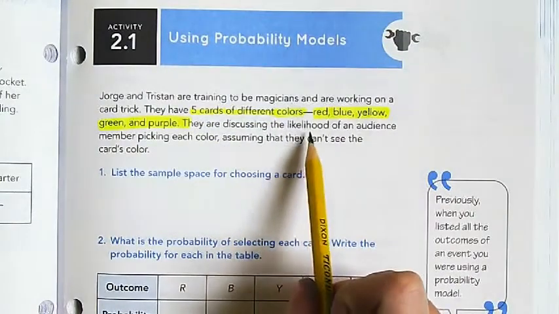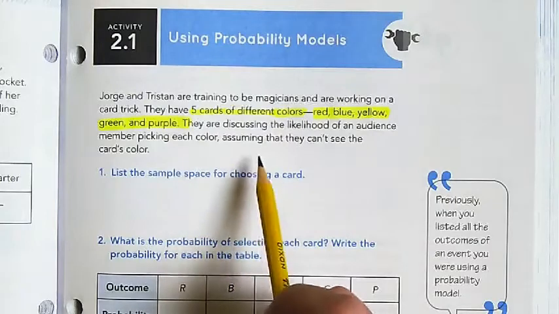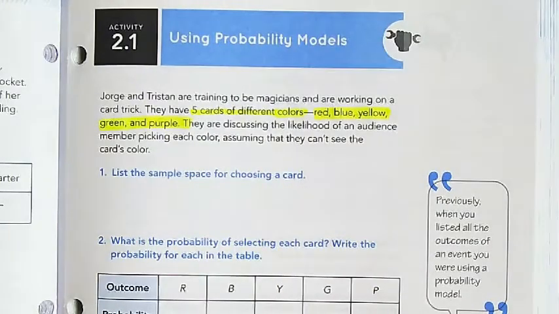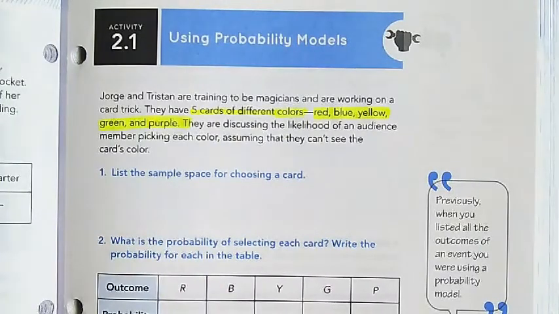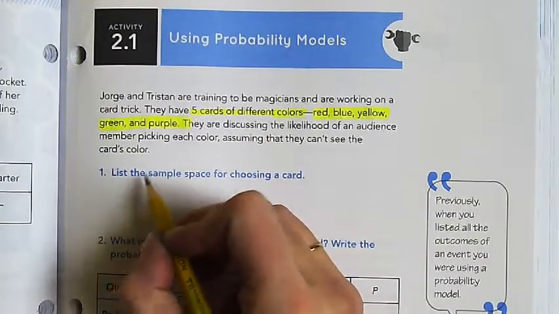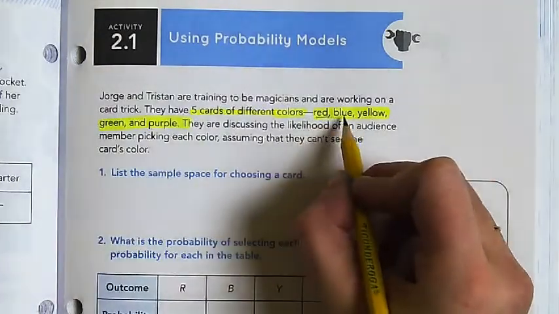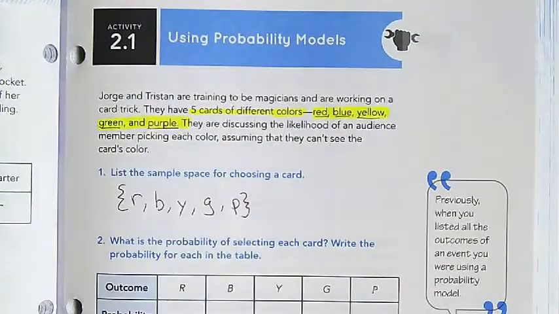They are discussing the likelihood of an audience member picking each color, assuming that they cannot see the card's color. Number 1 says list the sample space for choosing a card. Right. Red, blue, yellow, green, and purple. Because the cards are labeled with colors, our sample space includes each of those colors.